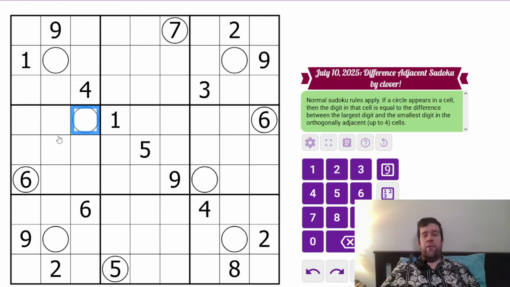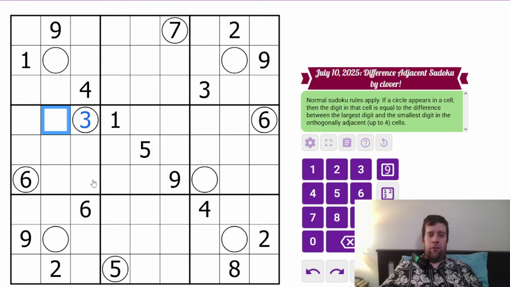So what that means is, if there was 3 here, it would mean that we could not have a difference of 4 in this at all, or bigger.